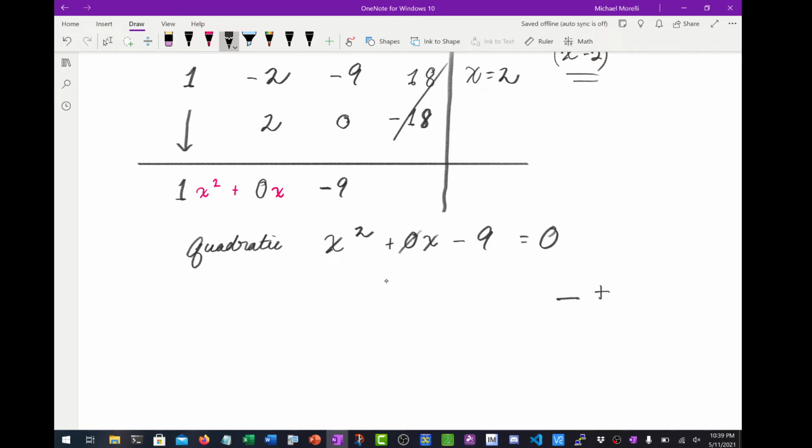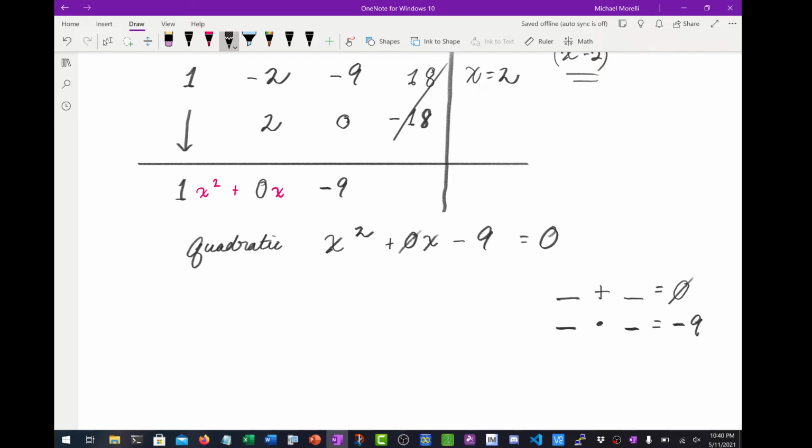So I just need two numbers that add to equal the middle term, which in this case the middle coefficient is 0. It's kind of weird, but it still works. And those same two numbers need to multiply to equal this constant term at the end of negative 9.